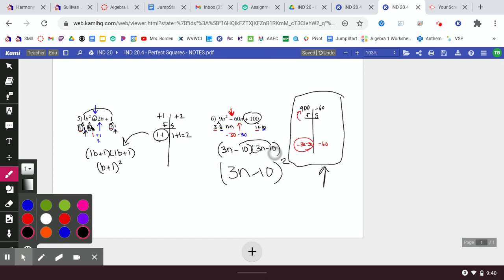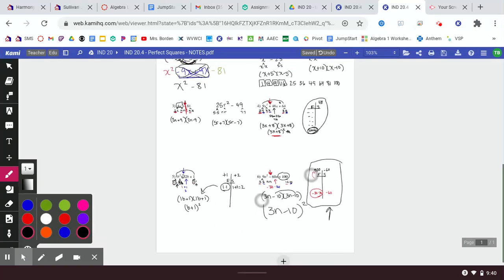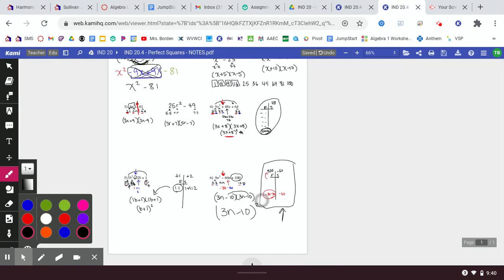On your homework assignment, there's only 4 of them like this. And then the second half of your homework assignment is a review to get you ready for the quiz on Thursday. And on Wednesday, I will post the times of at least 2, possibly 3 Google meetings that I will hold throughout the day so that you can log in and ask me for help. I can help you with your review worksheet.